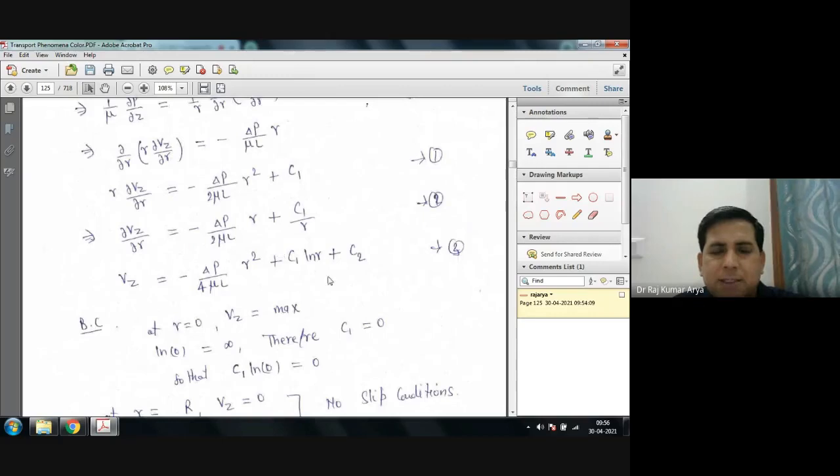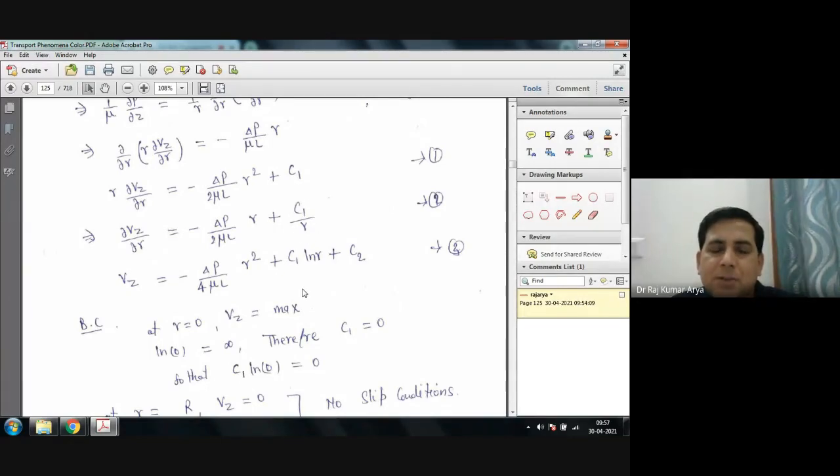So when you put r equal to 0 in this particular equation, equation number 2, the ln r term would become infinity. But your quantities are finite, because this can also be written in terms of shear stress, and from there it would also become infinity.